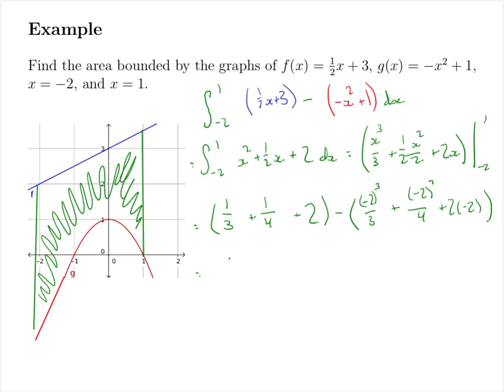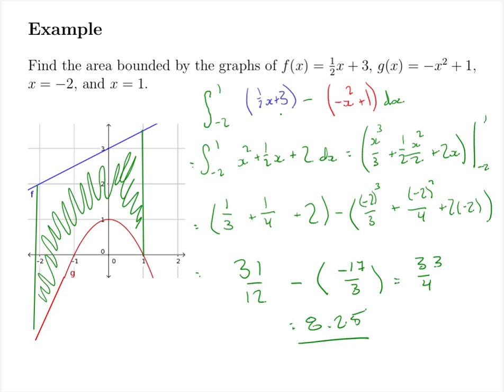Let me grab my calculator and throw all this stuff together and we'll see what we're looking at. All right, so we've got 31 over 12 minus -17 thirds, which gives us 33 over 4, or 8.25. 8 1/4 square units. That's the size of this area here.